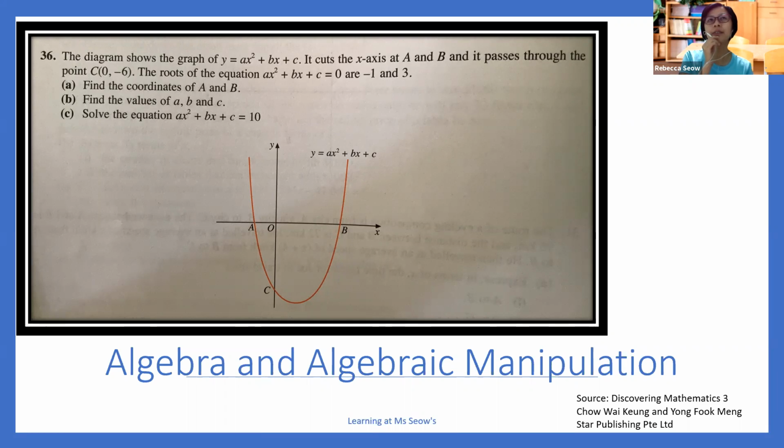A. Find the coordinates of A and B. B. Find the values of a, b, and c. C. Solve the equation ax squared plus bx plus c equals 10. You may pause the video right now while trying the question out.